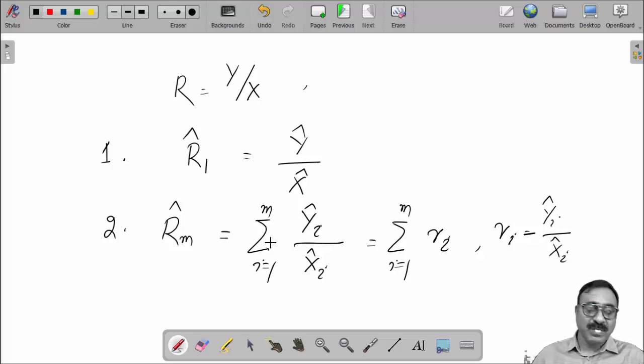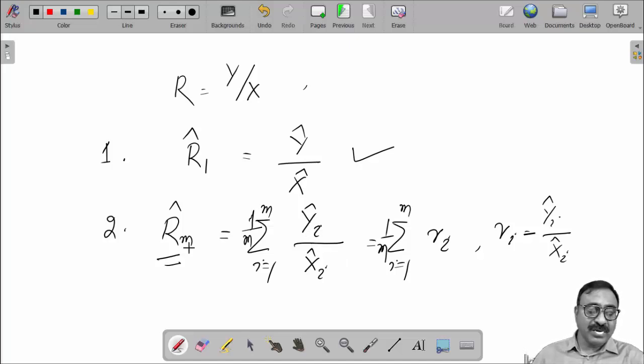That is the mean of the m ratios. So here we have seen that R1 cap is biased, and it is a single ratio. Again Rm bar is also biased, but this is the mean of m ratios.